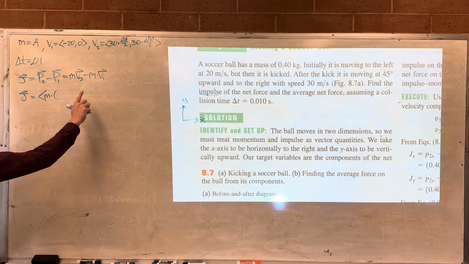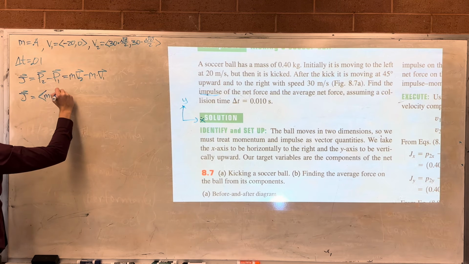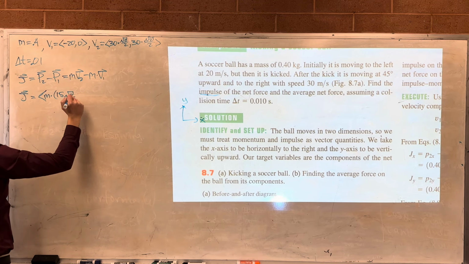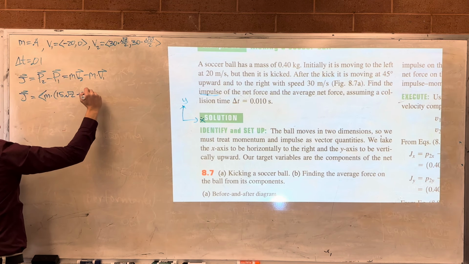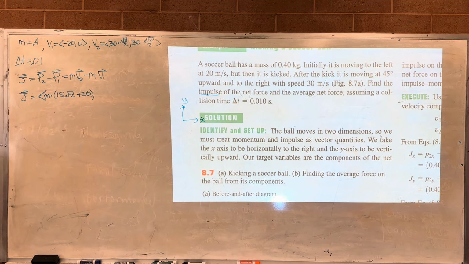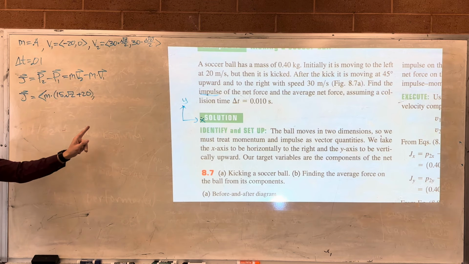15 square root of 2 minus negative 20. That will be its x direction. Minus negative is a plus.